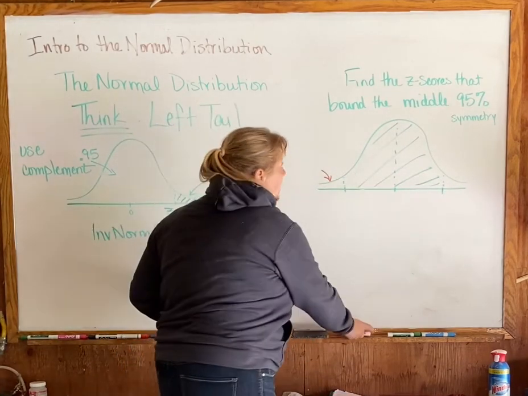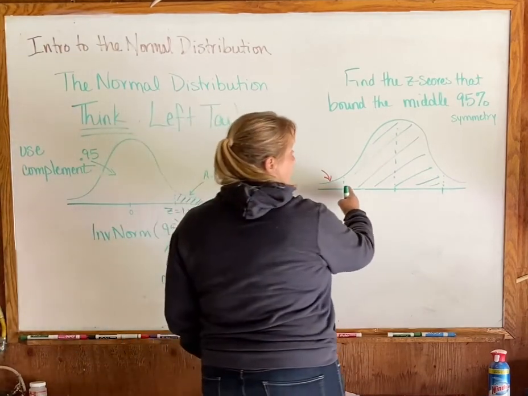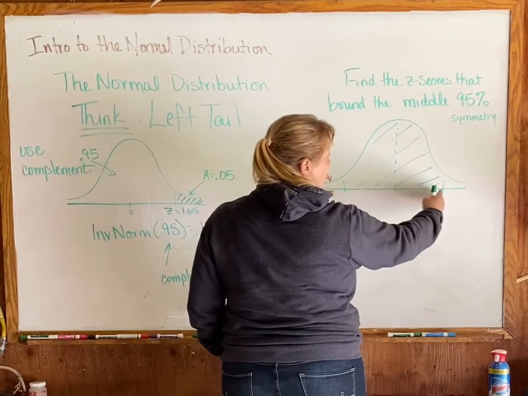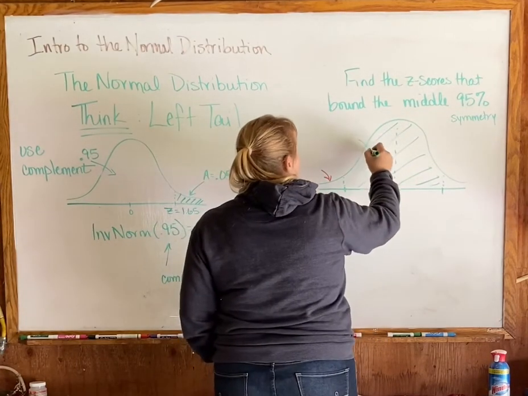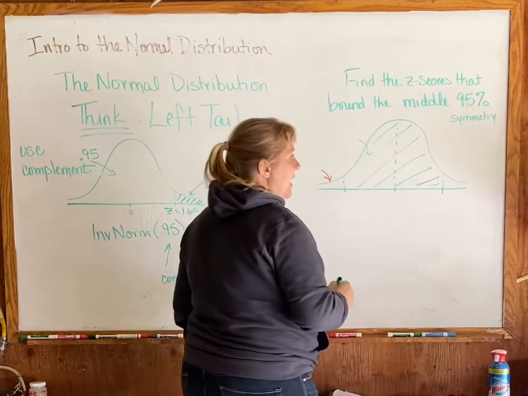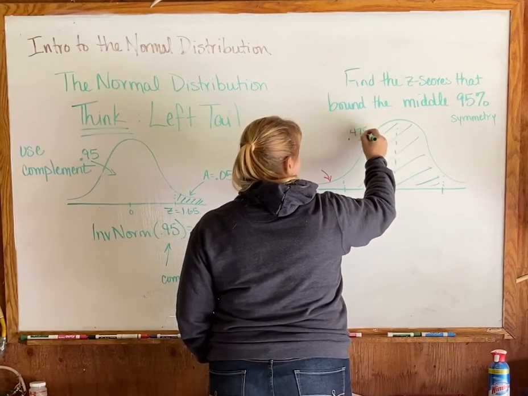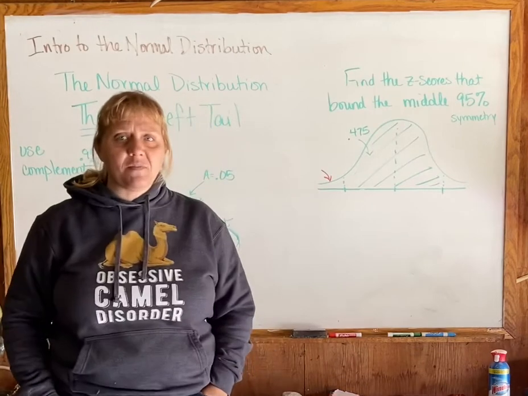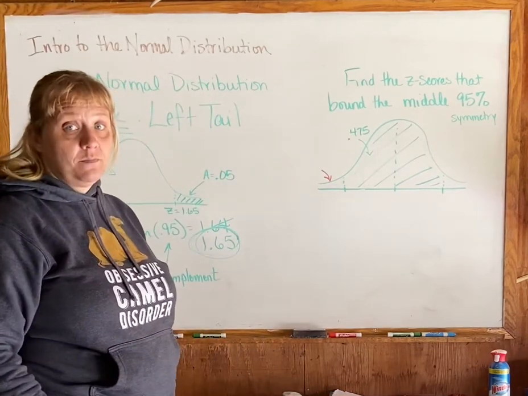So what we're going to do is fiddle with this 95% a little bit. If this whole thing is 95% and it's symmetrical, doesn't that mean we can divide in two and figure out that this is 0.475 or 47.5%? Okay, so we take the 95, we divide it by 2.